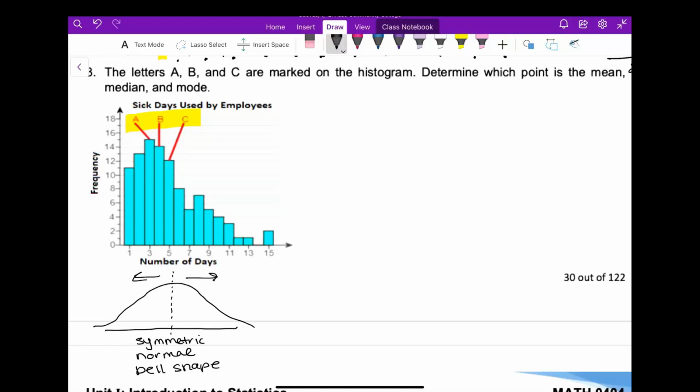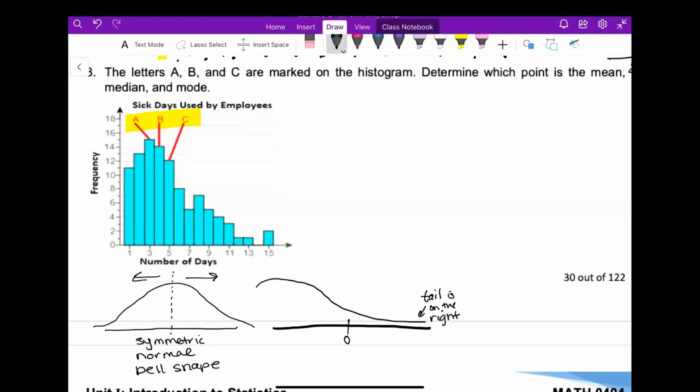We also want to introduce when it looks way different. I can have all my information mostly on the left. There's a tail, right here. The tail is on the right.